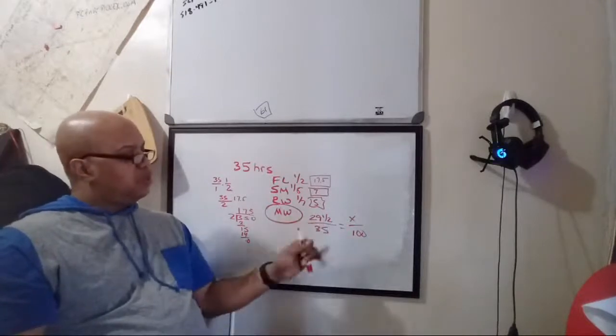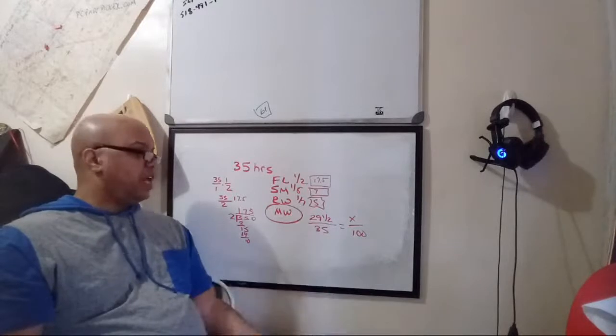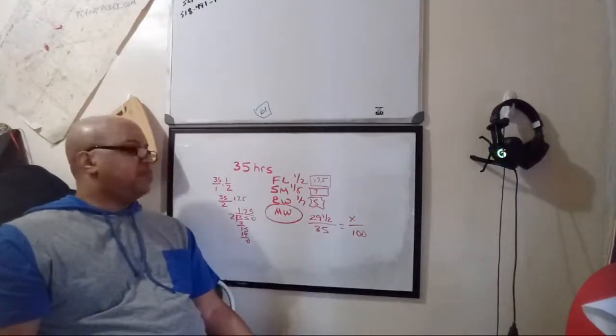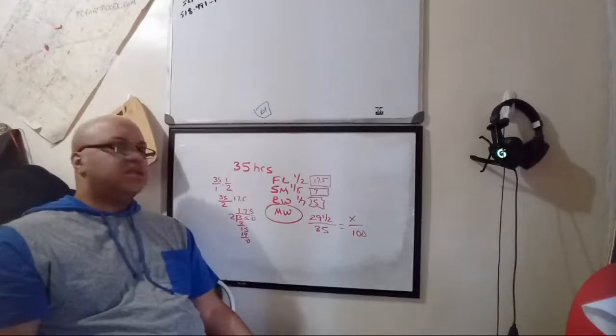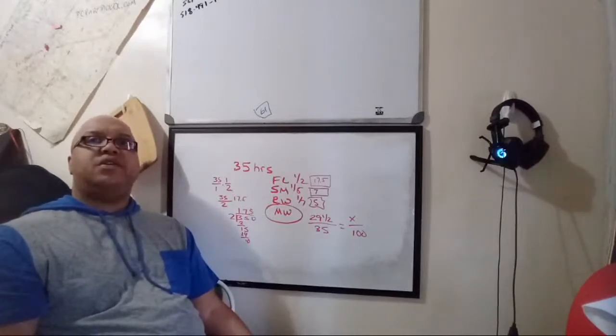So I would just do 29 times 100, because you're only going to be like a half off, and the answers are spaced far enough apart that you can do that. So you go 29 times 100, because we're doing proportions, divided by 35.